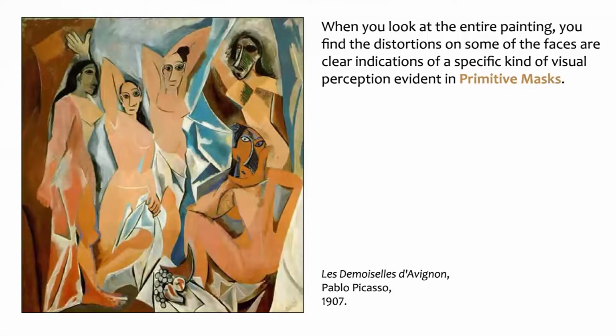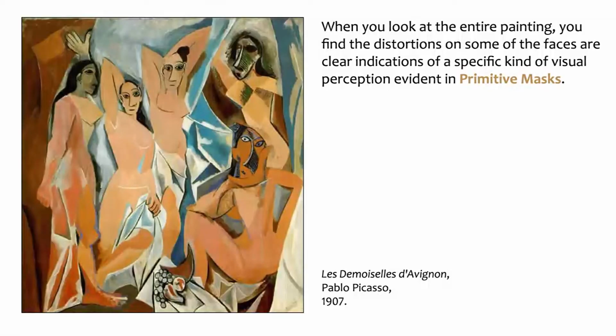In some of the figures, particularly the two female figures on the right hand side of the painting, you don't have to look at their body, the body could be still very much like the way Picasso used to paint, but look at the faces. Not only are the faces not naturalistic, but the faces look like masks because Picasso is directly using the visual perception that he noticed in primitive masks.